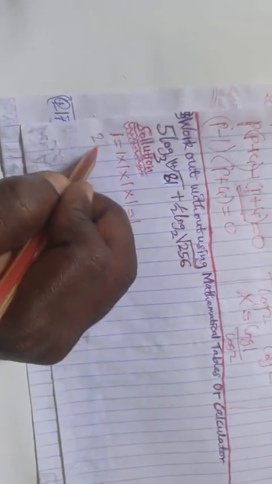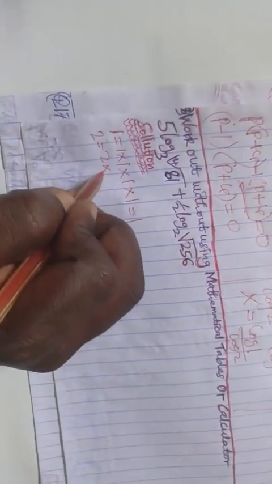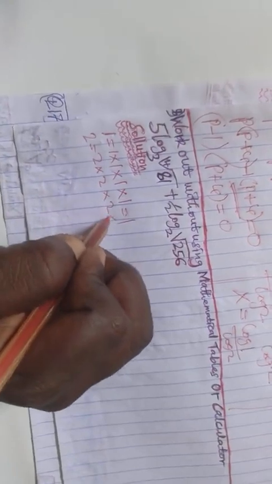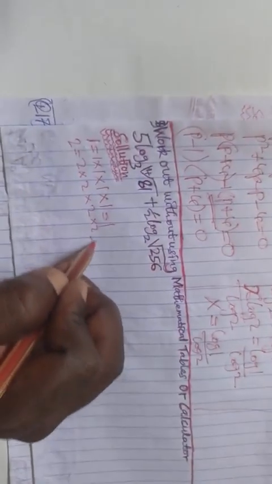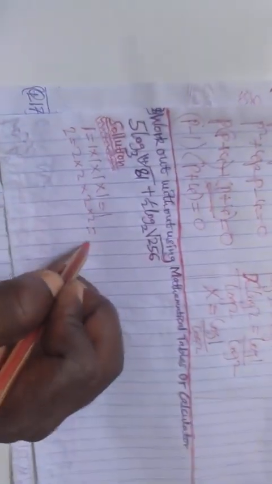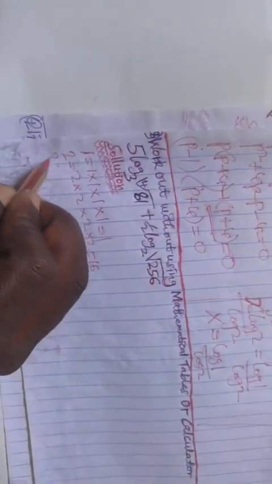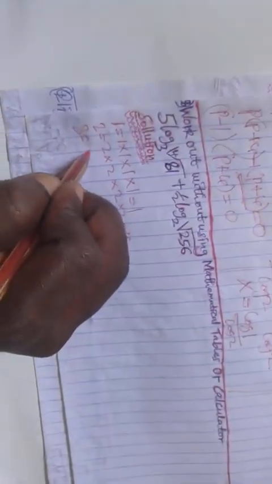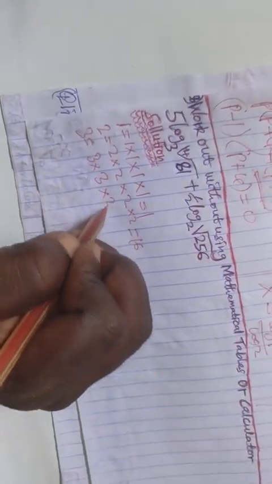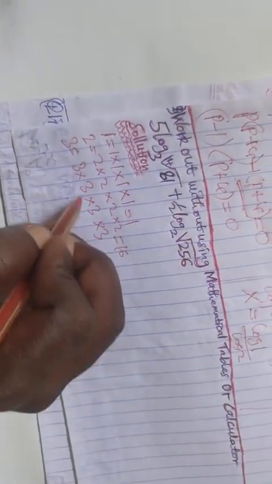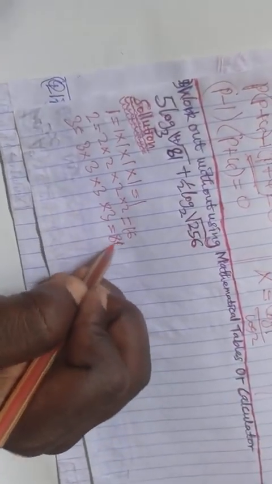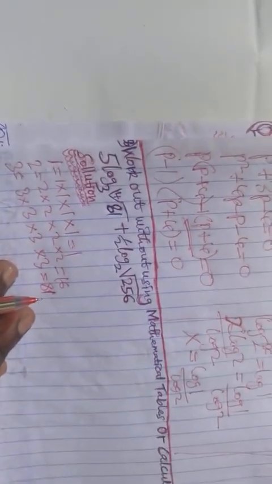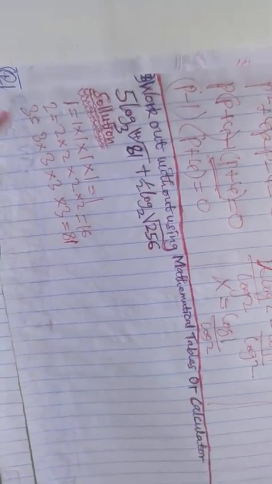Try 2: 2 times 2 times 2 times 2 is 16. If we try 3, 3 times 3 times 3 times 3 is 9 times 9, which is 81. Therefore, the fourth root of 81 is 3.